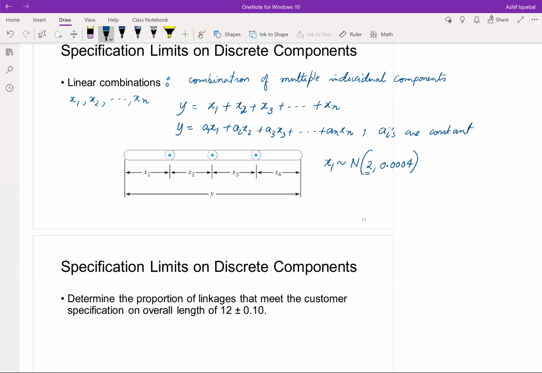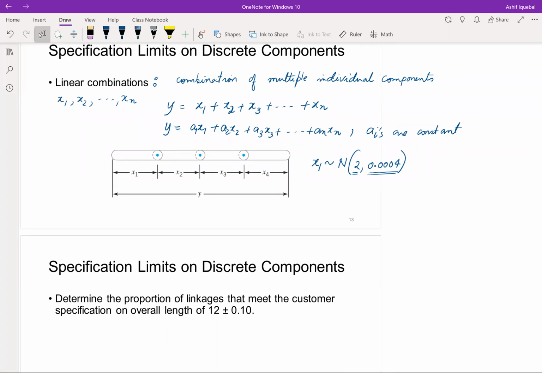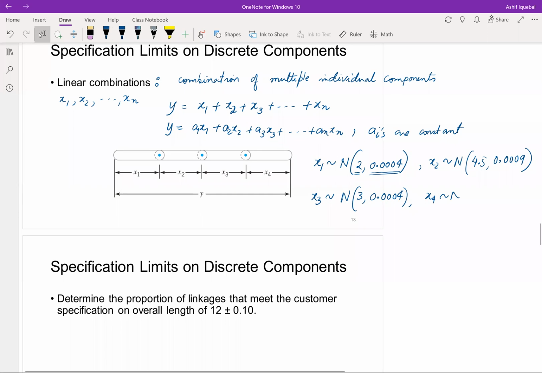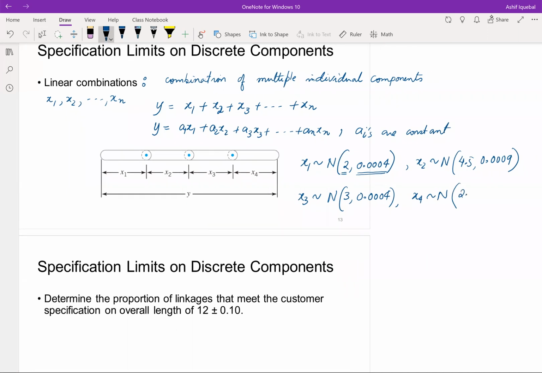But there will always be some variability, which you see in terms of the standard deviation. x2 follows a normal distribution with mean 4.5 and variance 0.0009. x3 follows a normal distribution with mean 3, variance 0.0004, and x4 follows a normal distribution with mean 2.5 and variance 0.0001.